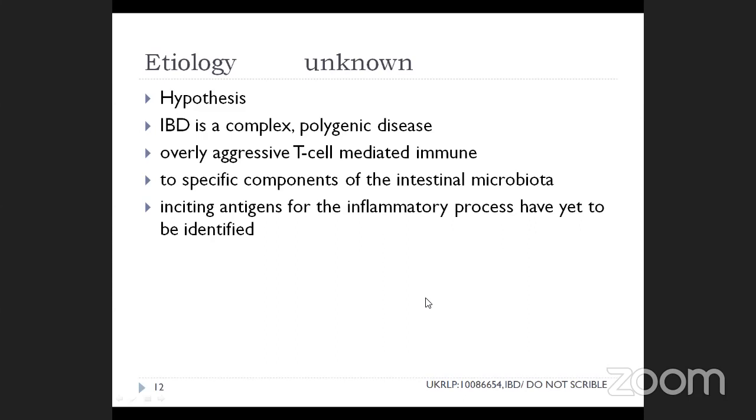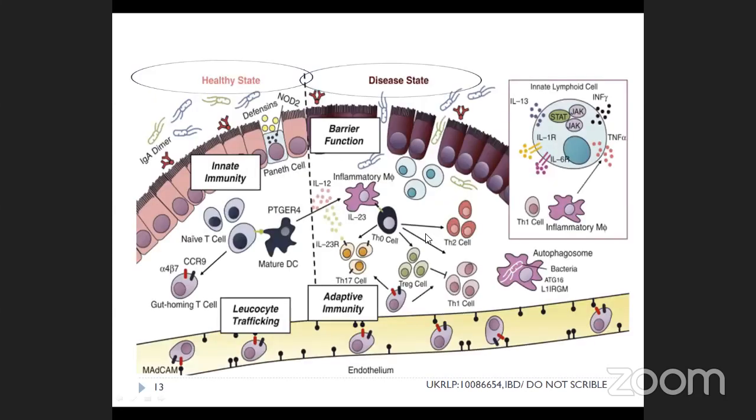So, this is a picture showing the pathophysiology of inflammatory bowel diseases. Let's go part by part. On the right, there is a healthy state of the bowel intestinal wall. On the left, there is a diseased state of the bowel intestinal wall.